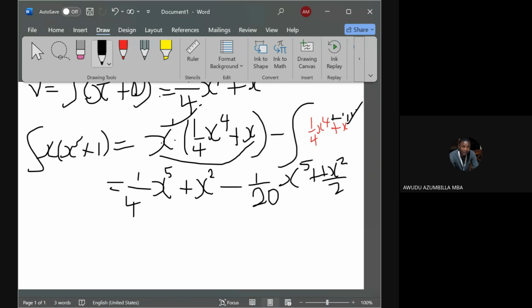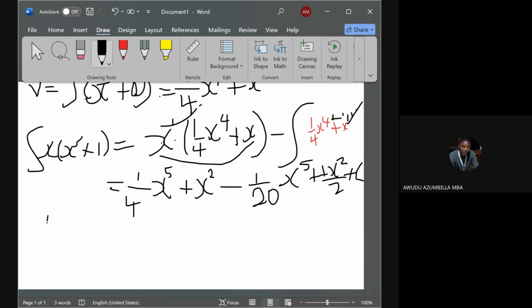Now, let's see how we can simplify this. And you know that when you integrate a function, you are going to add a certain variable that is constant. Okay. So let's see how we can simplify things here. Let's open the bracket so that we can see things clearly.